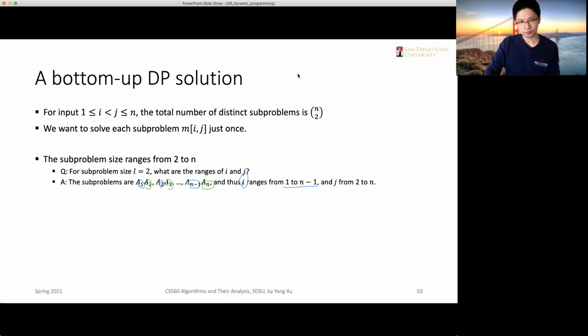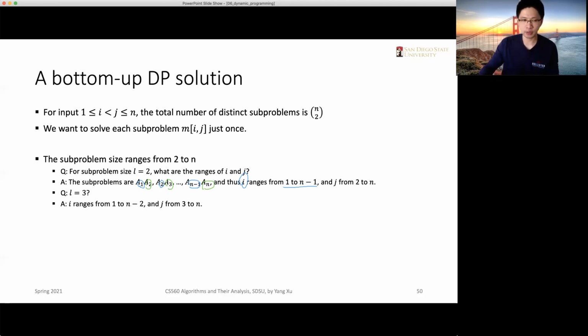So what about larger subproblems? We're increasing the sliding window. It would be A1 times A2 times A3. That's the first problem. And the second problem would be A2 times A3 times A4.